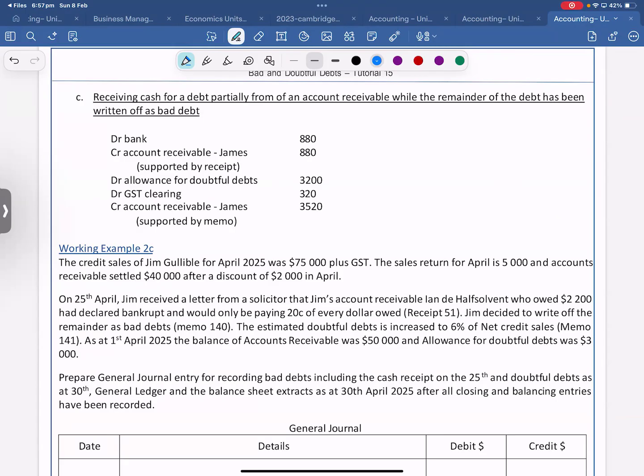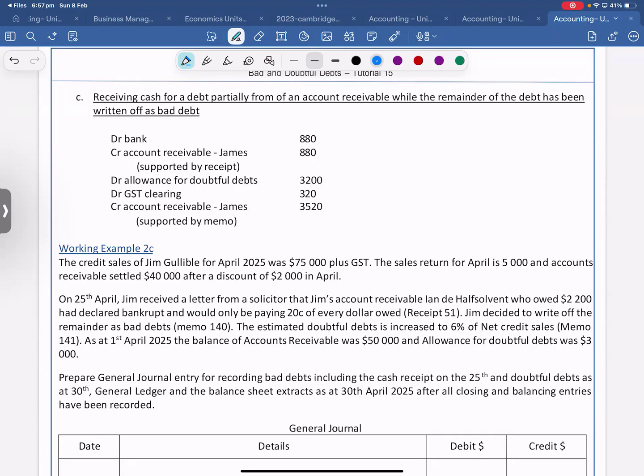Okay, guys. Now what is this one? Part C. You are receiving. Right now, guys, we are not actually as unlucky as before. We're kind of lucky, right?